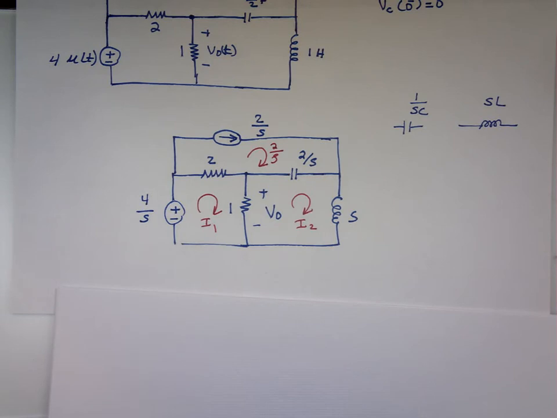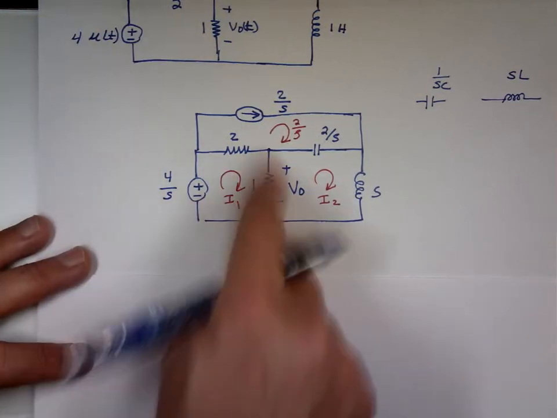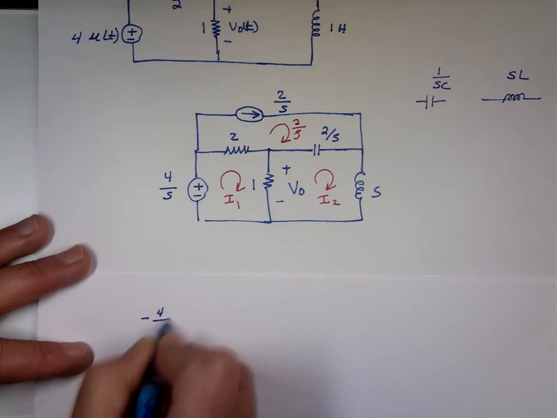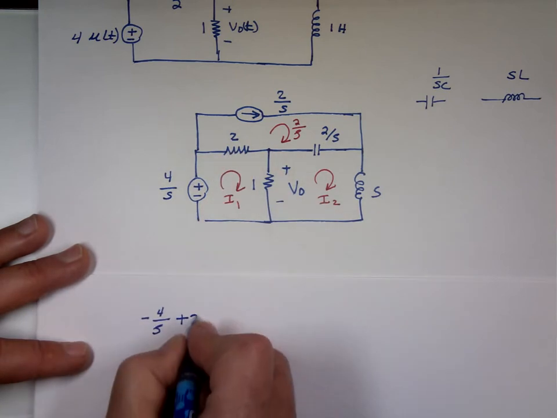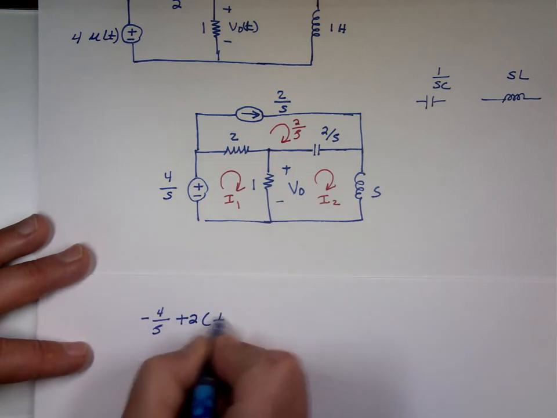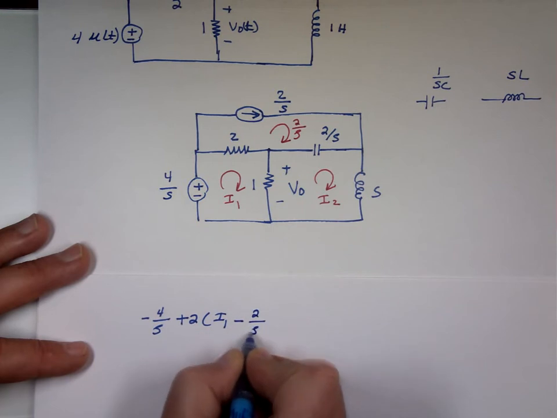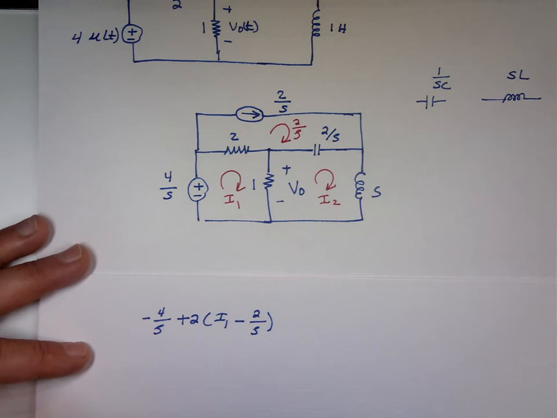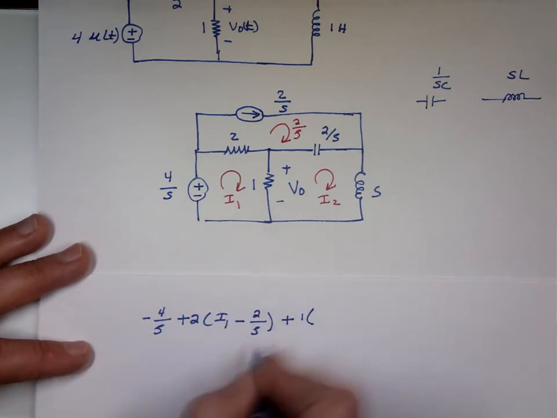So now let's do the first mesh right here. That's negative 4 over S plus that resistor 2. What's the current through that resistor? I sub 1 minus what? 2 over S. This minus that. Plus, this is 1. What's the current through that? I sub 1 minus I sub 2.